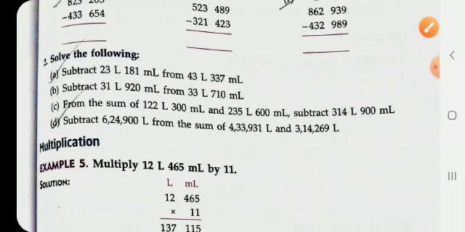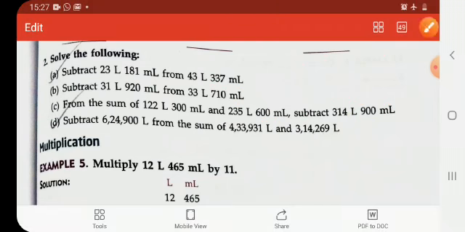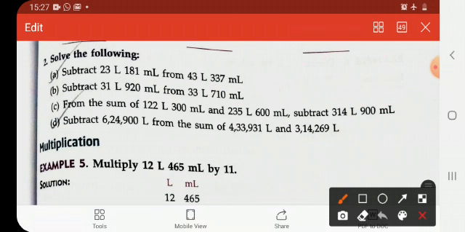Coming on to the next one, that is question number D. Now you can see that question number D says subtract 6,24,900 liters from the sum. Now here you have the word sum, that means addition of what?